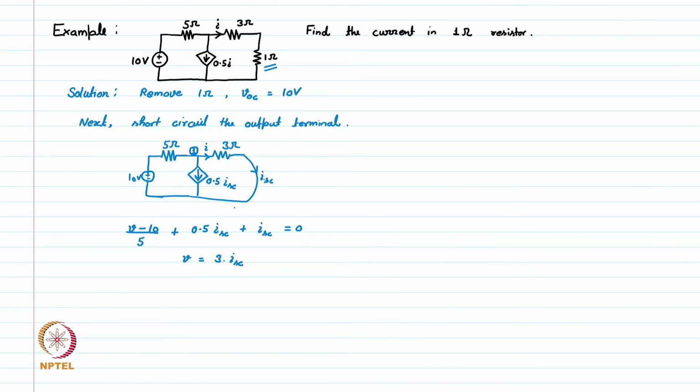This is the voltage at this node, which is V here. So this is I short circuit multiplied by 3, which is the 3 ohm resistance here. If we put this, then we get (3 times I short circuit minus 10) divided by 5 plus 1.5 I SC is equal to 0. So this gives us the short circuit current equal to 0.95 amp.